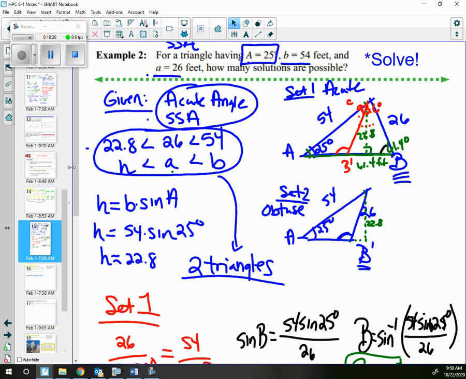But I think if we look back at this original picture, we had our angle B. Remember, we swung this side A back towards vertex A, and we ended up with this red one. So what I want you to think about is look at this triangle right here. So this is also 26 when I swing it back the other direction. If you look at this red triangle, that's an isosceles triangle. Both of these sides are 26.